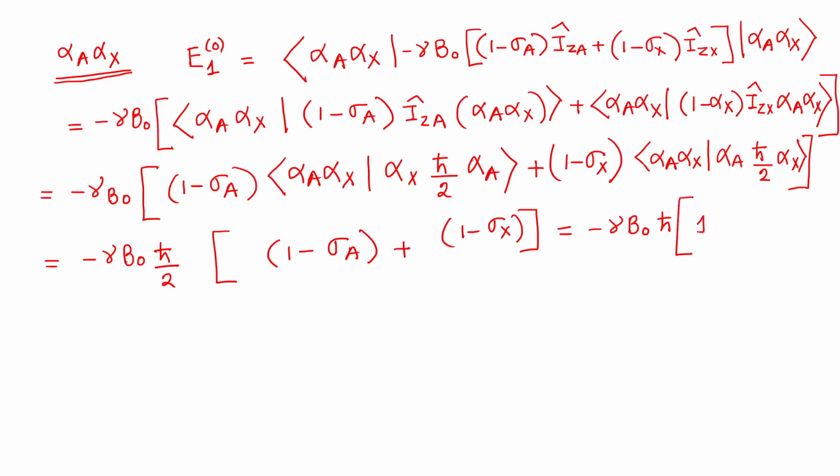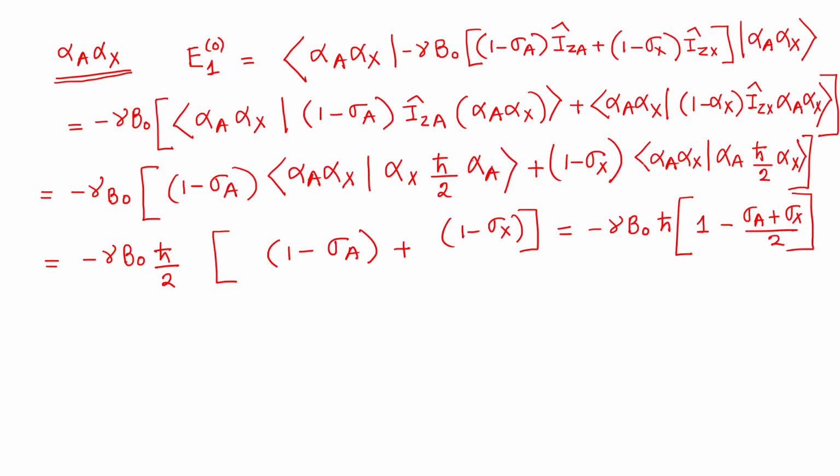I can write it as minus sigma A plus sigma X by 2, right? So you see that suppose B0 is 0, which means there is no applied magnetic field.